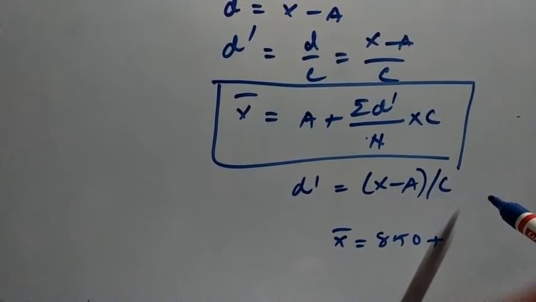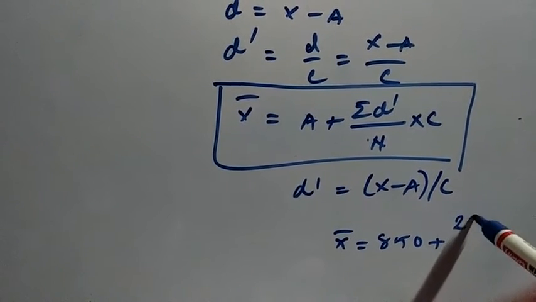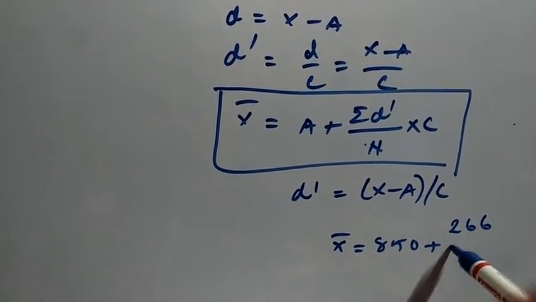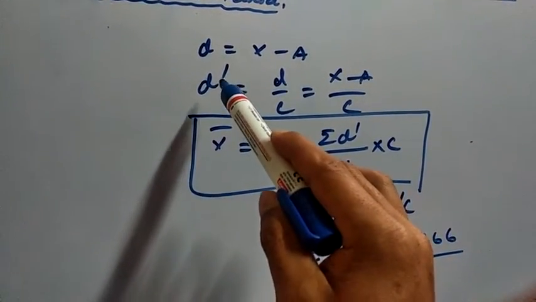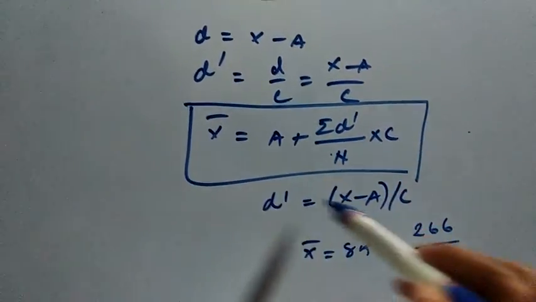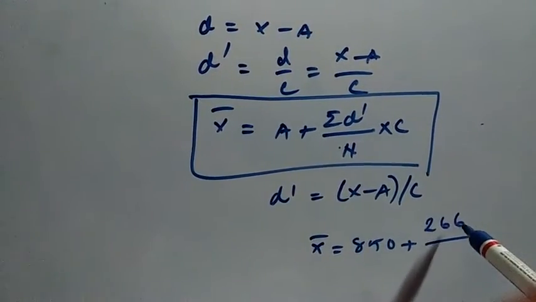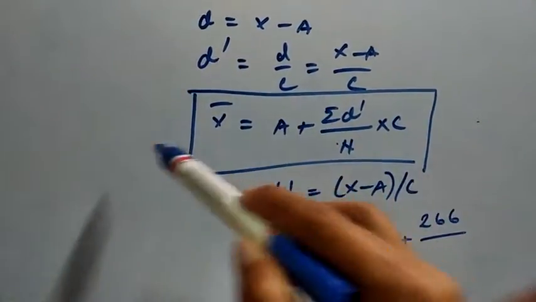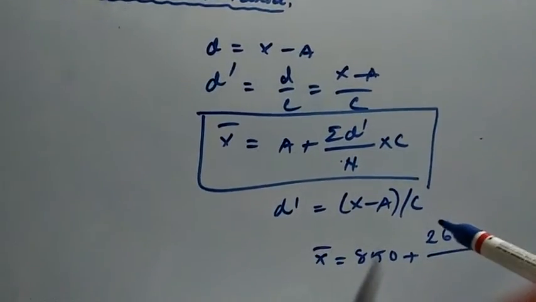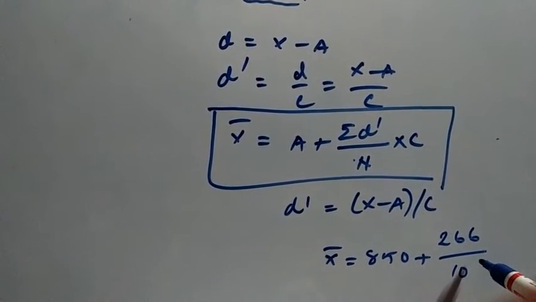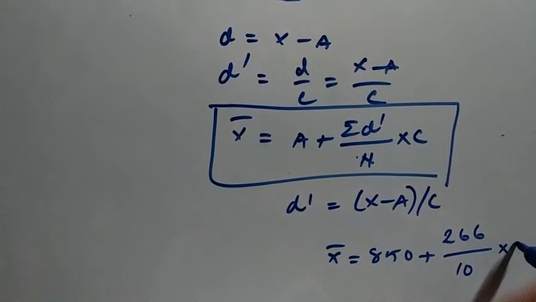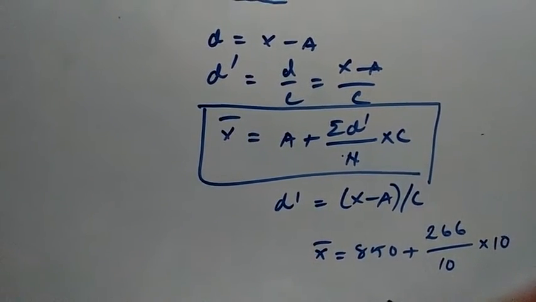We found that summation d dash is 266, as in the previous table when we calculated the assumed mean method. The number of observations is 10 and the common factor given is 10.